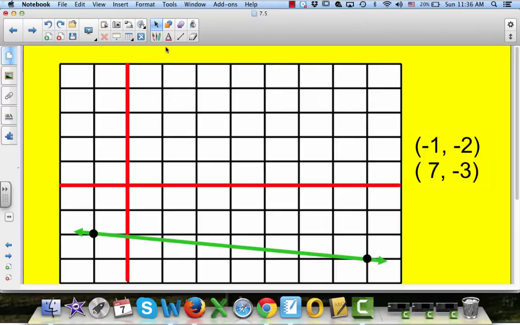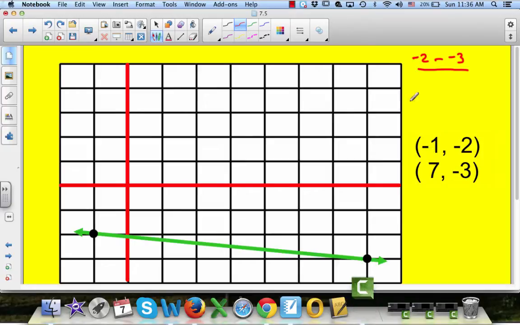Okay, so let's try one more time here and see how we do. This was negative 2 minus a negative 3 over negative 1 minus 7.